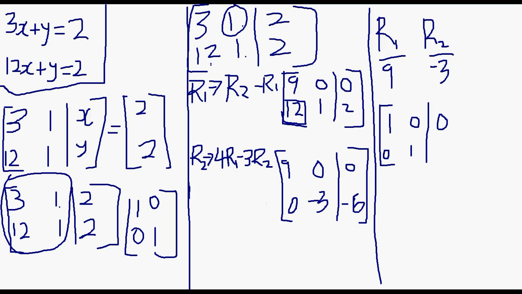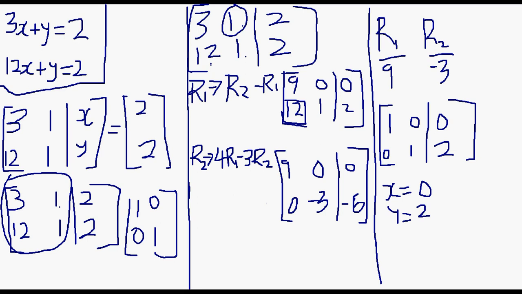Negative 6 divided by negative 3 is 2. So for this one, we can conclude that x is equal to 0, and then y is equal to 2.